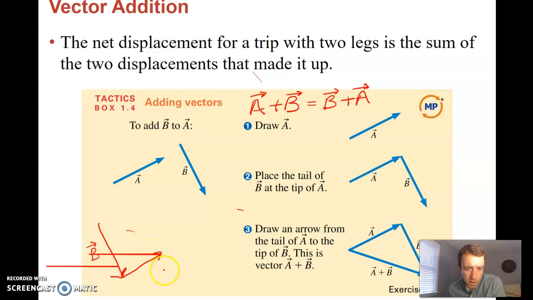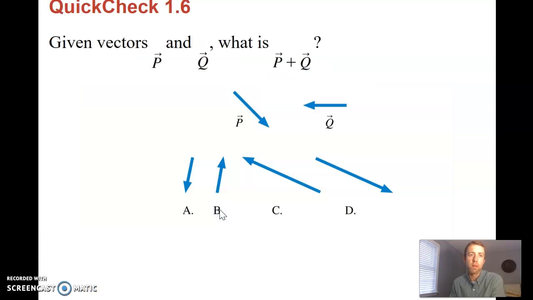There's vector A. And then our resulting vector is that dotted line, and that would be B plus A. And if you notice, B plus A is the same as A plus B. It's the same direction, it's the same length. The overall picture just looks a little bit different.